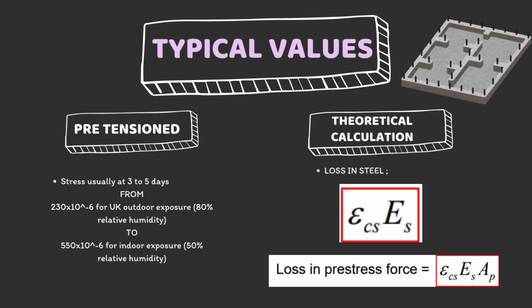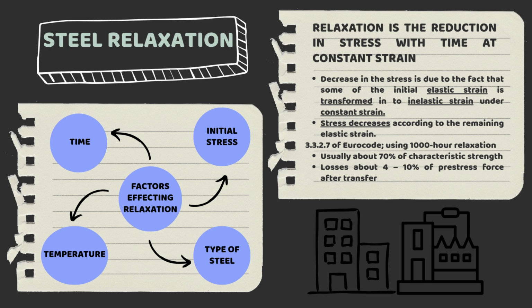The formula is: loss in prestress force equals epsilon CS times ES times AP, where epsilon CS is the shrinkage strain of concrete, ES is the modulus of elasticity of steel, and AP is the area of prestressing steel.